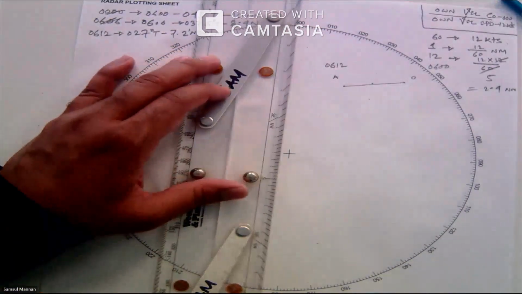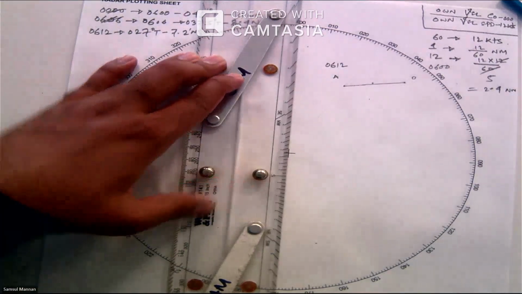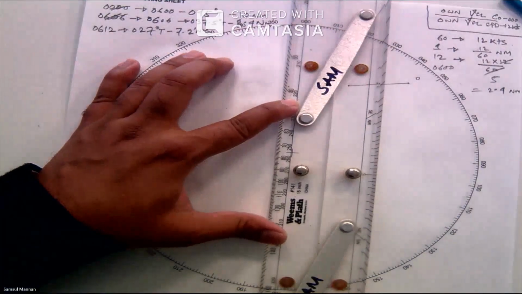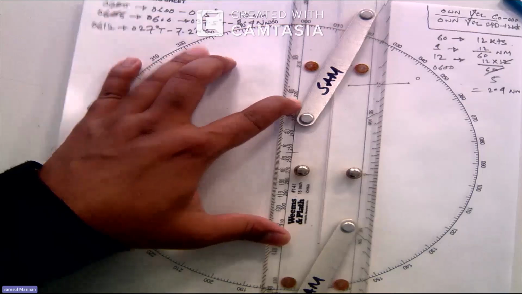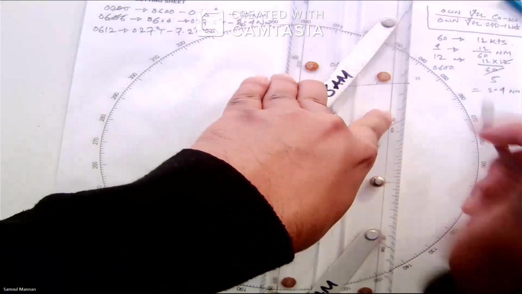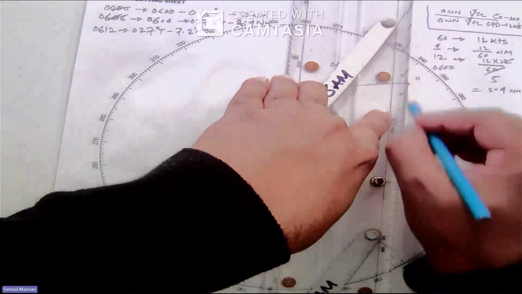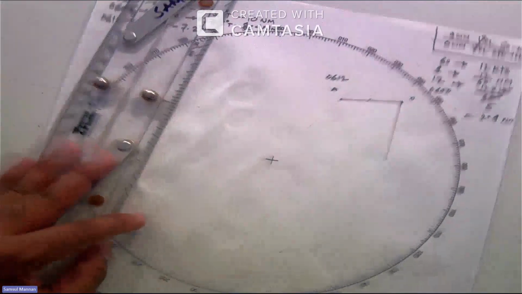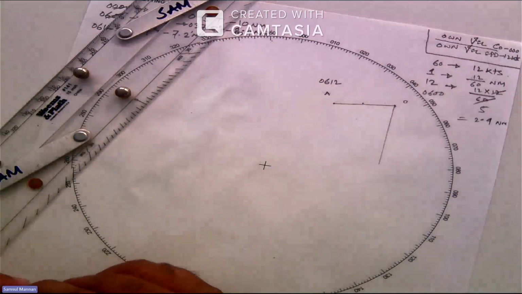As my vessel course is 000 degrees true, I am taking 000 degrees from the parallel ruler on the plotting sheet, and I am transferring that line onto O. As I am transferring that line onto O, my WO line will be on that line, right?